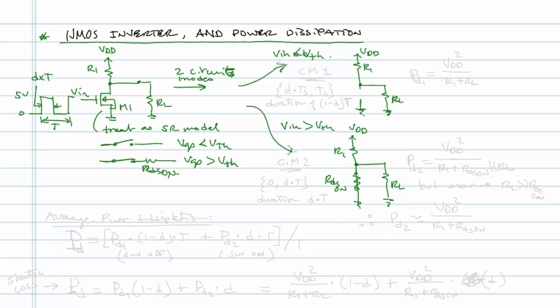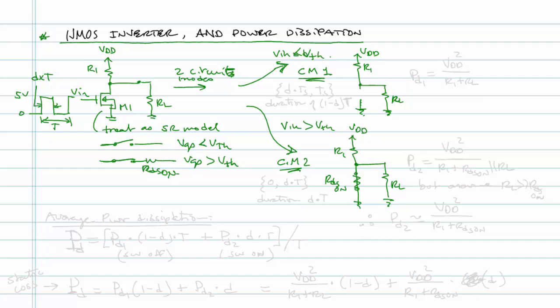So let's consider what kind of power we have dissipated in both these cases. In the first mode, we'll call it circuit mode 1, and we'll call this circuit mode 2.